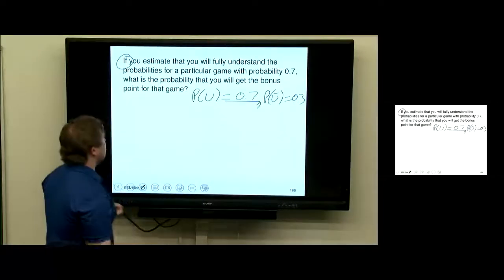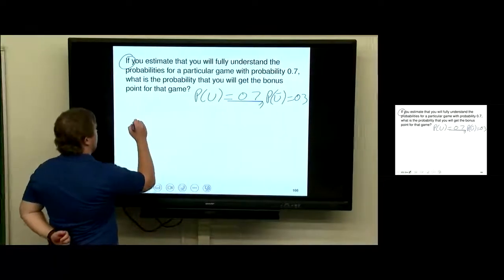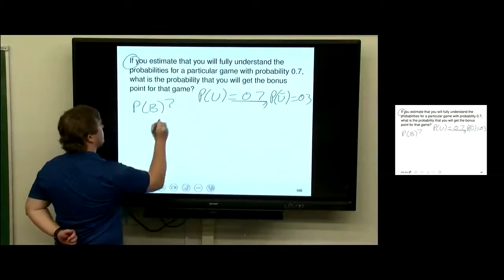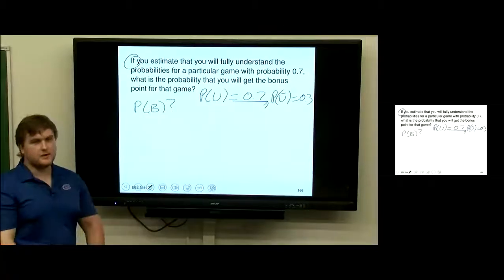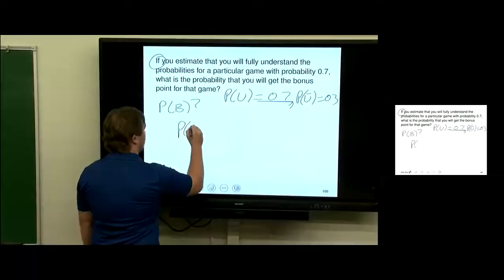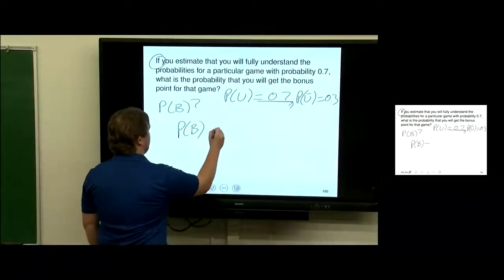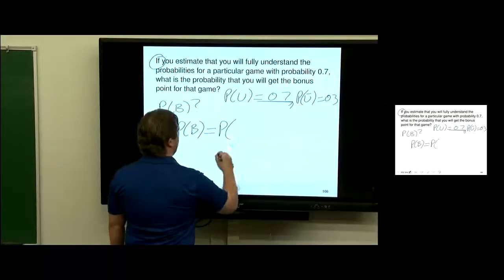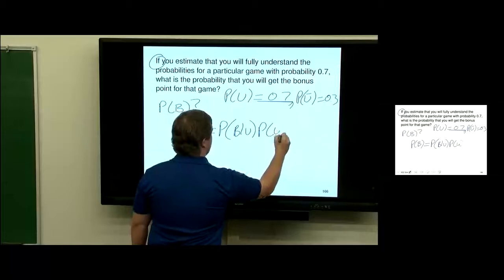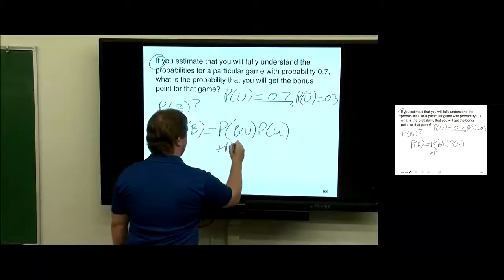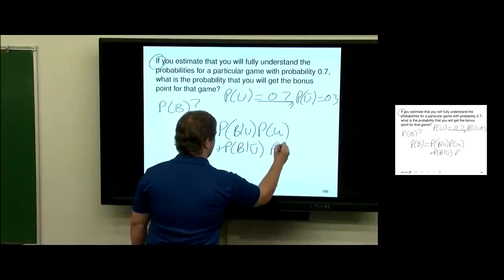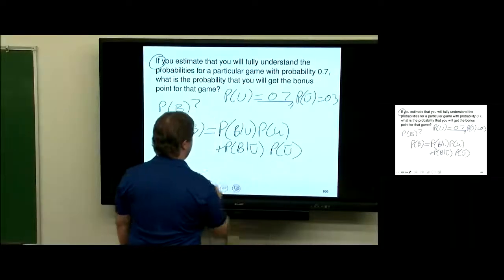So now we can solve for what's the probability of B? What's the probability that you get the bonus point? Probability of B equals the probability of B given U times the probability of U plus the probability of B given U bar times the probability of U bar.